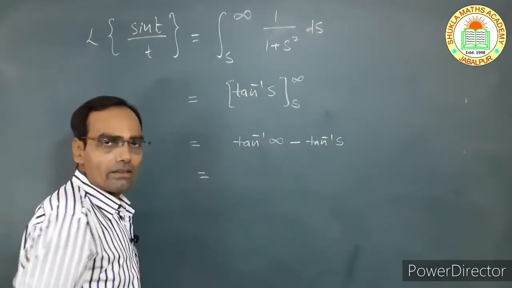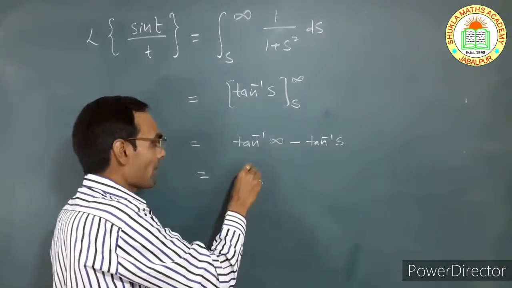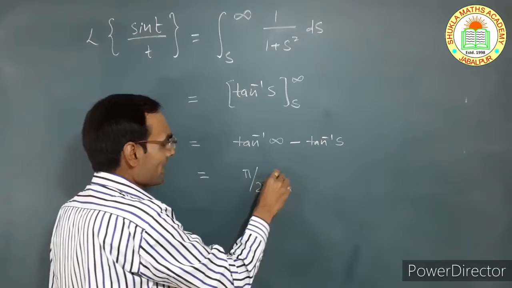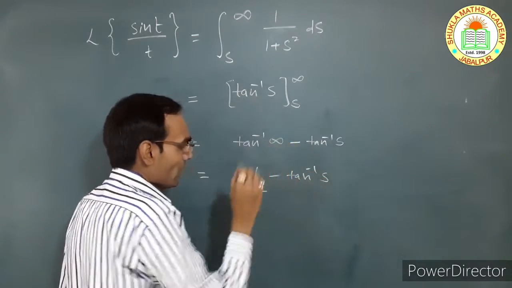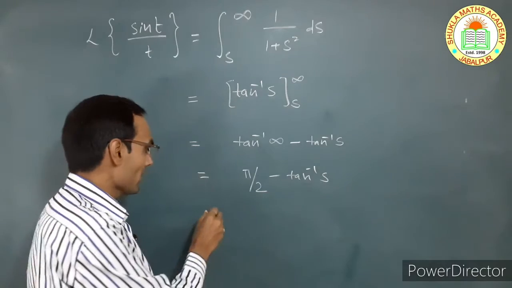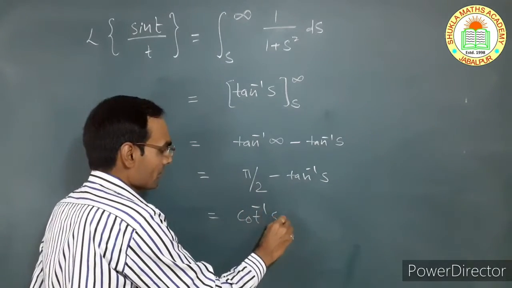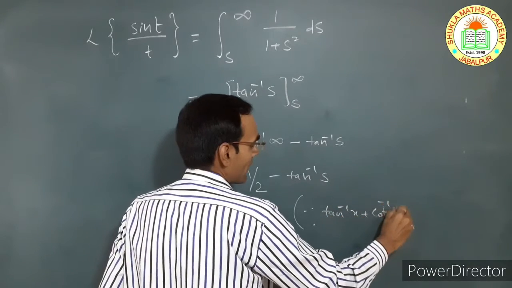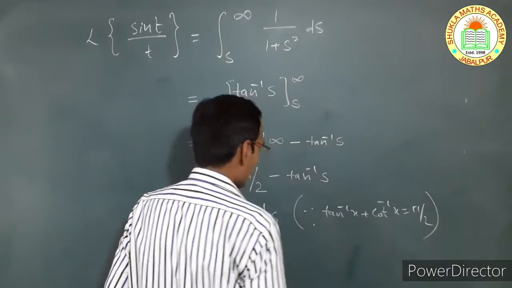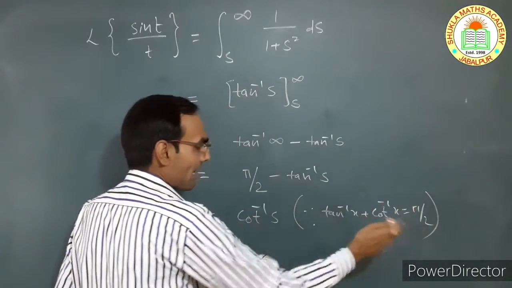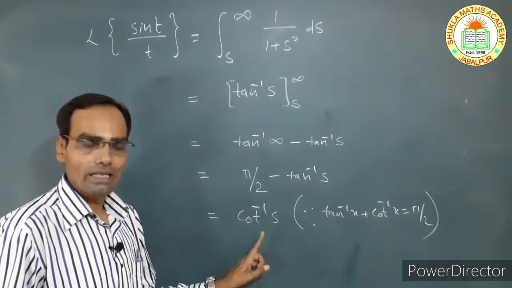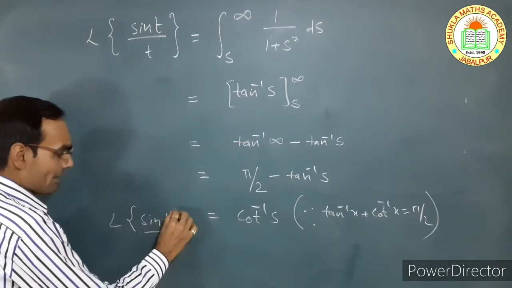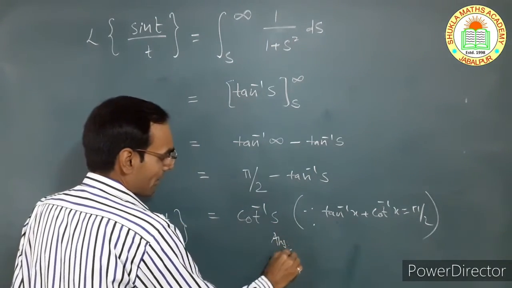We know that tan inverse infinity is pi by 2, because tan 90 is infinity, so its inverse value is the angle pi by 2, minus tan inverse s. So pi by 2 minus tan inverse s becomes cot inverse s, because tan inverse x plus cot inverse x is pi by 2. That is our required Laplace transform of the function sin t by t, our required answer.